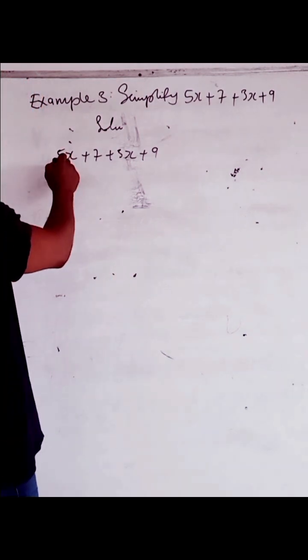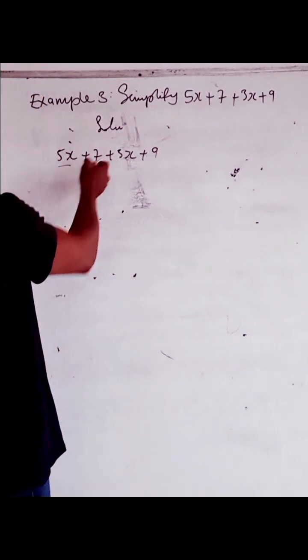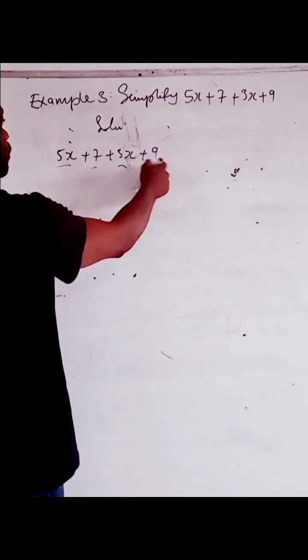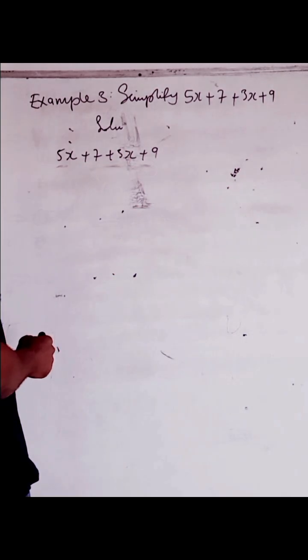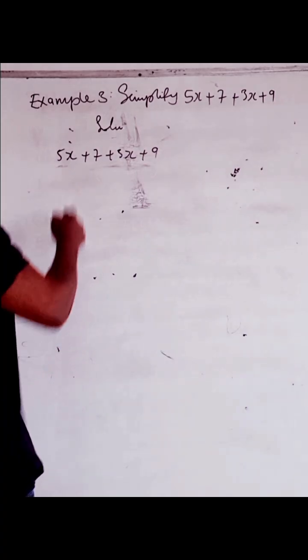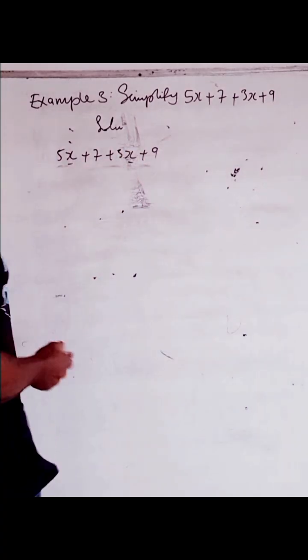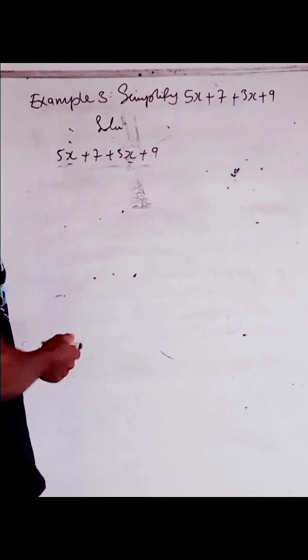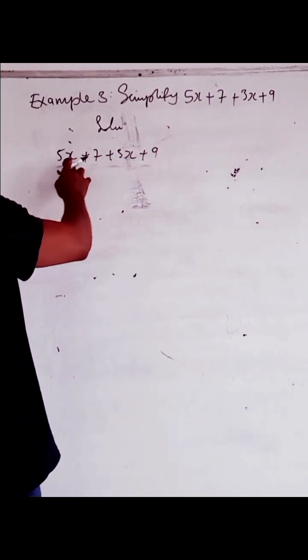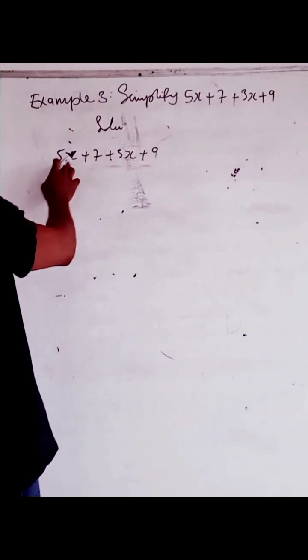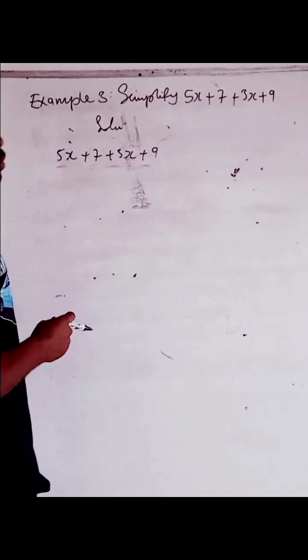So we have 5x, we have 7, we have 3x, and we have 9. Now we can see that we have a common variable, x. 7 and 9 are constants. They are not multiplying any variable.